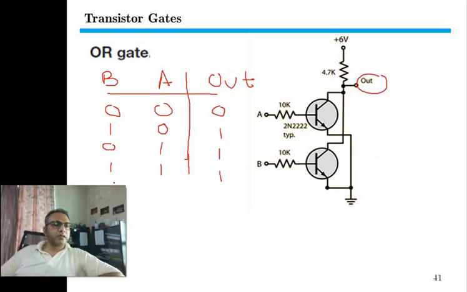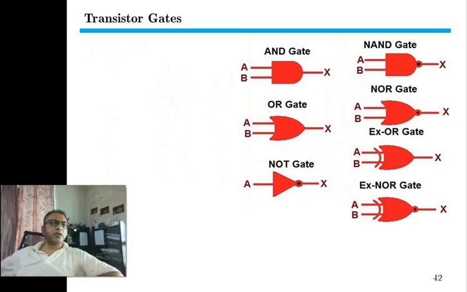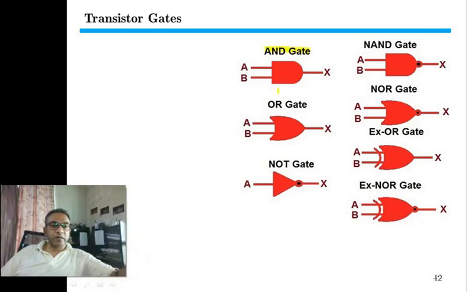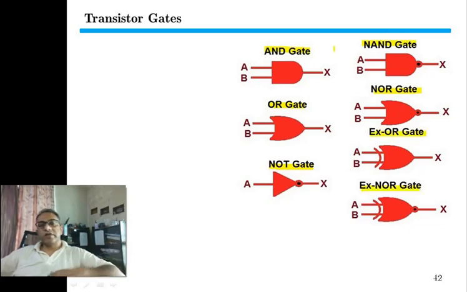In the third slide, these are the Boolean algebra functions which can be implemented using transistor gates. We have the AND gate, the OR gate, and the NOT gate, which is a simple inverter. Then we have the NAND gate, the NOR gate, the XOR gate, and the XNOR gate. These are the very commonly used Boolean gates, which can be implemented using transistors.